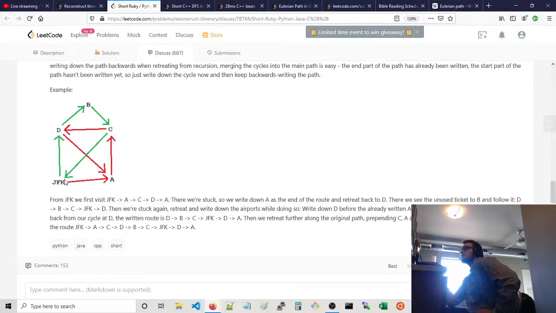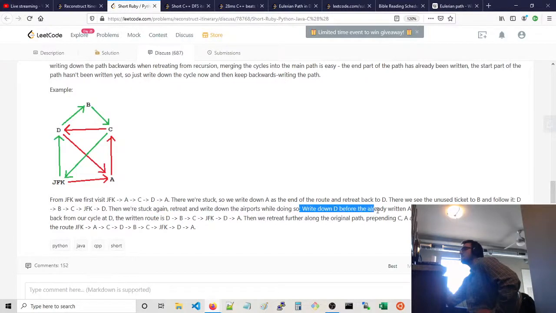From JFK we visit JFK, A, C, D, A. There we're stuck. So we write down A as the end of the route and retreat back to D. There we see the unused ticket B and follow it. D, B, C, JFK, D. Then we're stuck again, retreat and write down the airports while doing so.